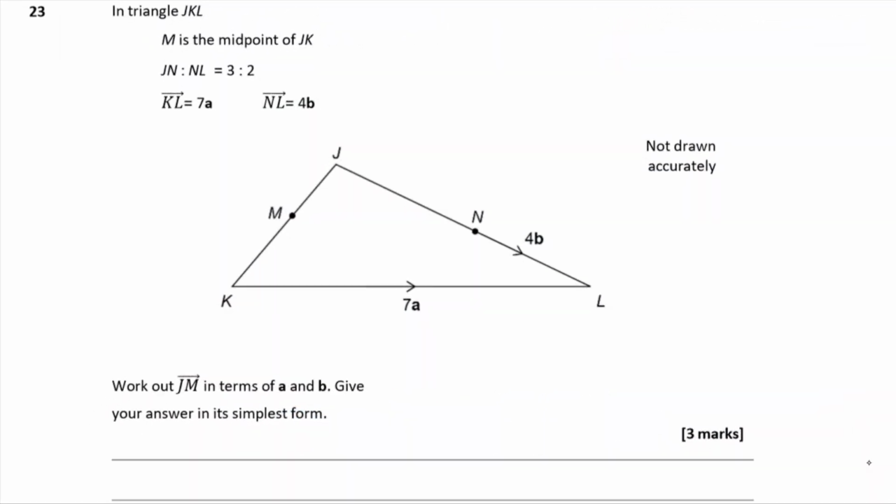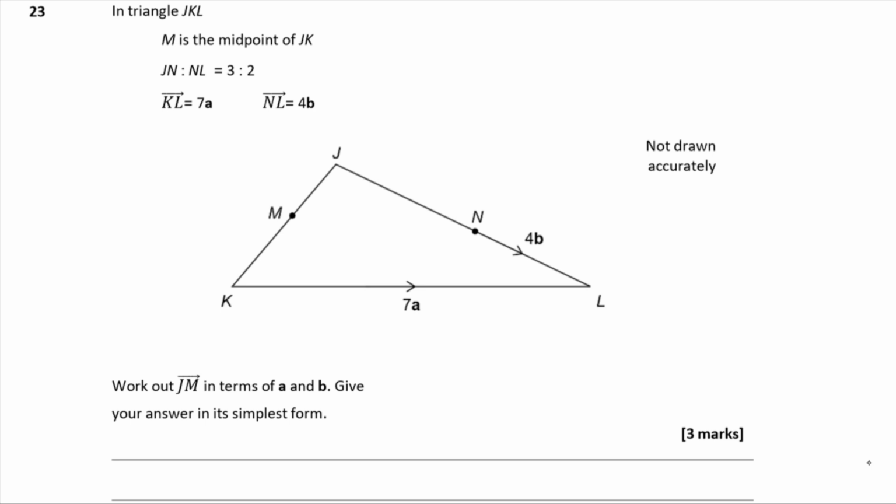Question 23. In triangle JKL, M is the midpoint of JK. JN to NL is in the ratio of 3 to 2. And we're told that the vector KL is 7A and the vector NL is 4B. Work out the vector JM in terms of A and B. Give your answer in its simplest form.